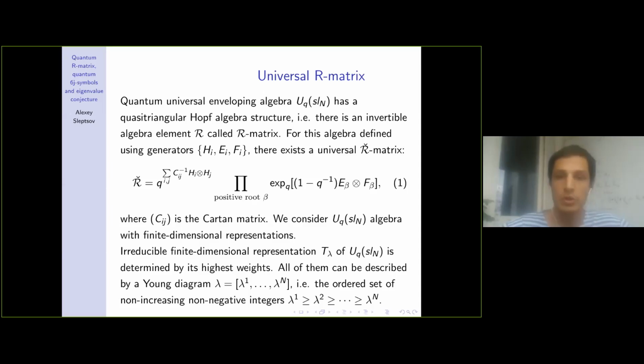We would like to consider this quantum algebra with N-dimensional irreducible representations, which are determined by their highest weights. All of them can be described by a Young diagram lambda, which is nothing but a partially ordered set of non-increasing, non-negative integers, which are actually partial sums of highest weights.